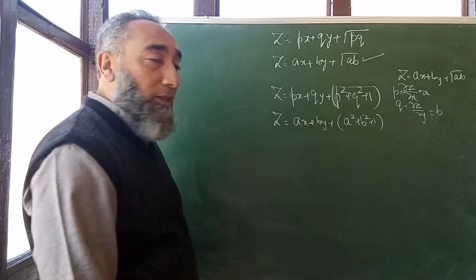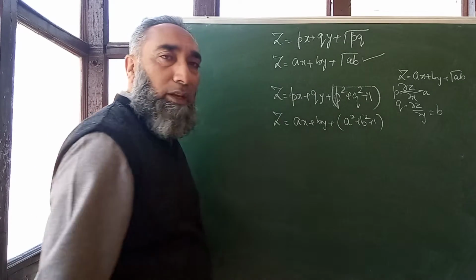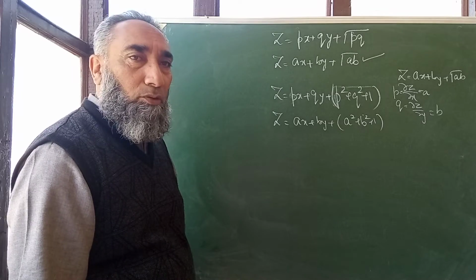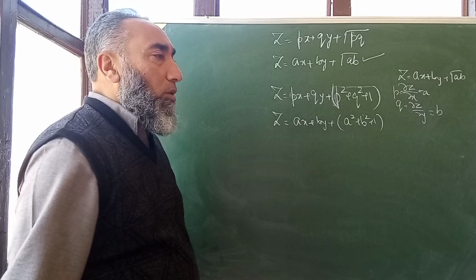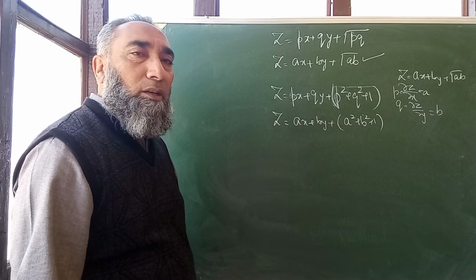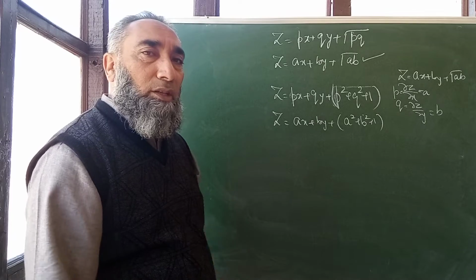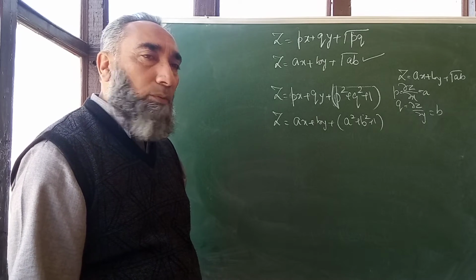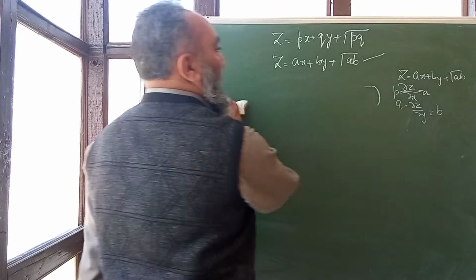So the solution contains as many constants as the number of independent variables. This is known as the complete solution. There is also a singular solution and a general solution, but we are here only to find the complete solution, which contains as many constants as the number of independent variables. So two constants will be there.